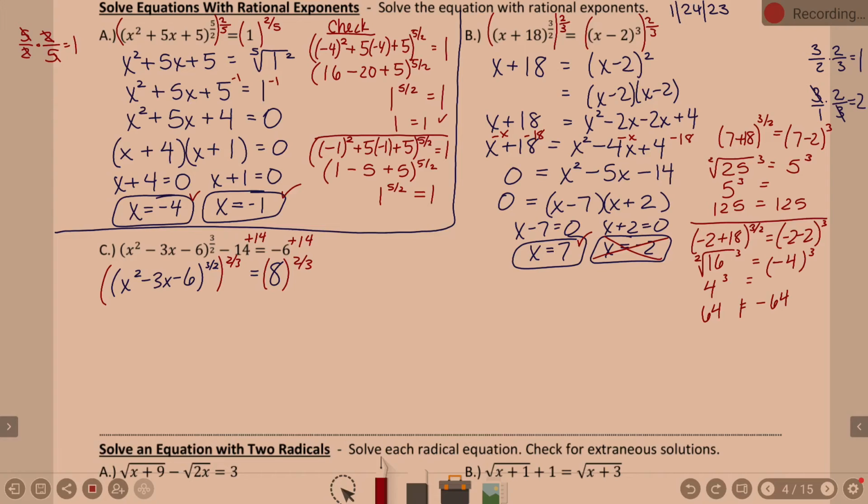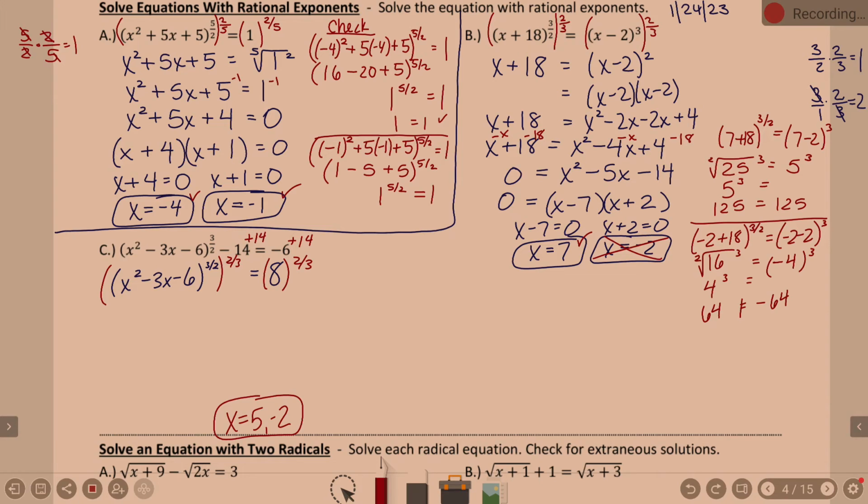But you would keep going from here. No, I looked at the wrong one. You get answers here if you continue this on your own later of 5 and negative 2, and they both work. Okay?